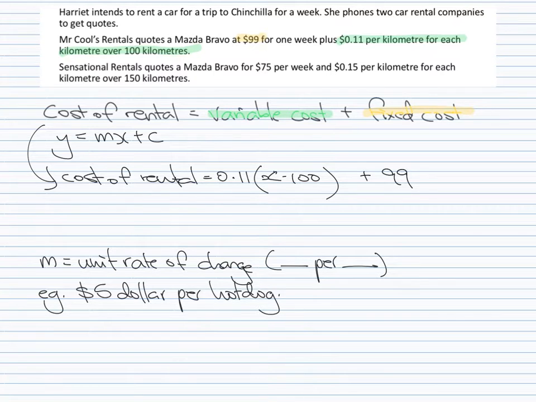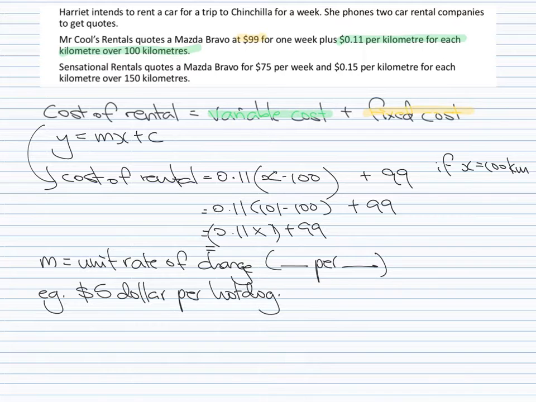So that means, let's substitute. That means for every kilometer that I drive over 100, so 0.11 times by, I've driven 1 kilometer over, so times by 1 plus 99.